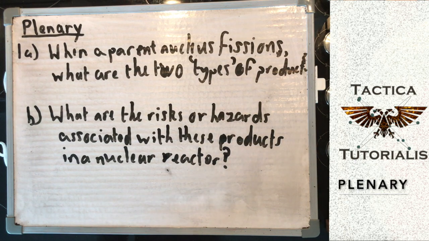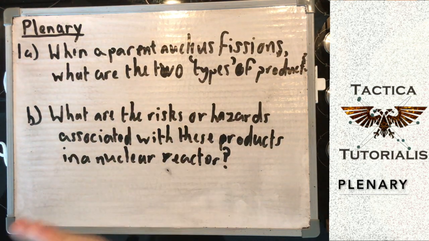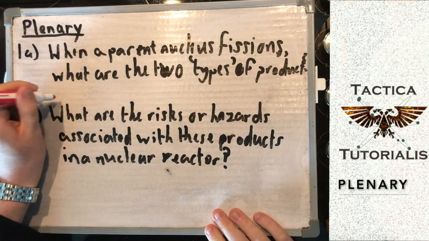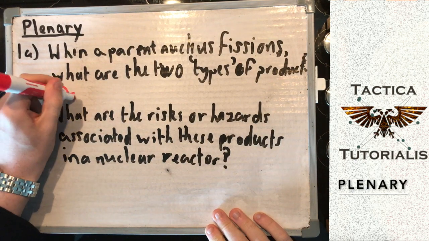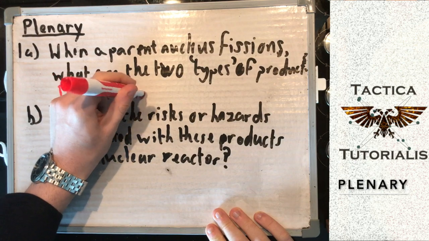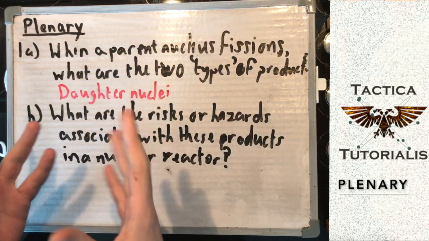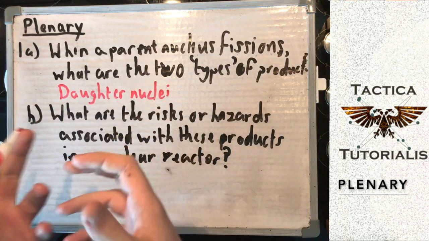And now that you had a chance to pause the video, we're going to go over the solutions. So, when the parent nucleus fissions, the two types of products are the daughter nuclei. Again, still don't know why they gendered it. The daughter nuclei, so the two or more nuclei left over.